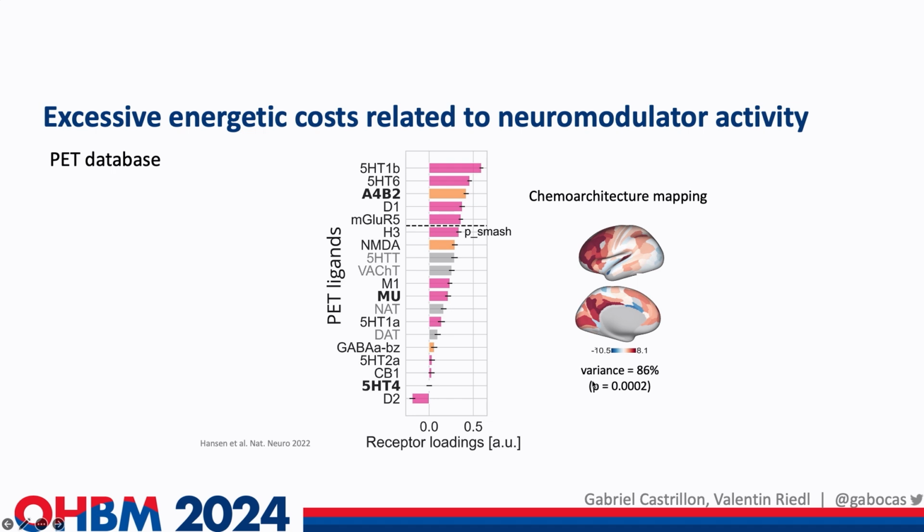Now, in the next step, they evaluated these PET maps individually, and what they saw was that 5 of the PET receptor maps were significantly related to the signaling cost map. 4 of these were related to metabotropic signaling. Now, in the next step, they thought to investigate whether these regions may have been relevant to our human evolution.